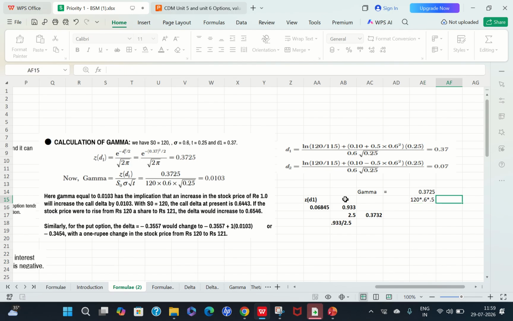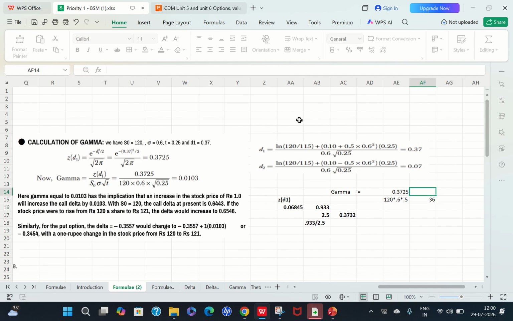So let us do the calculation. 120 into 0.6 into 0.5. So 0.3725 divided by this. So 0.010347222 is your answer. So this is your part of gamma. So do it.